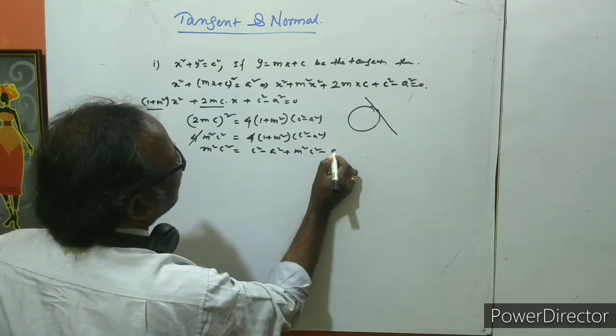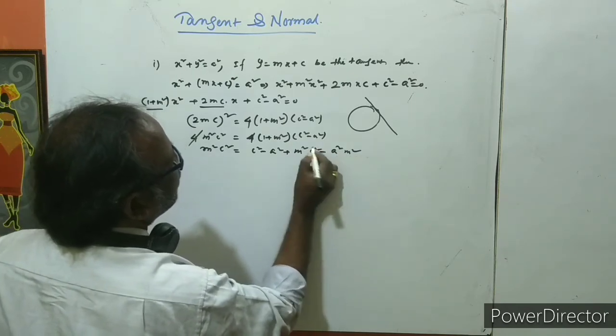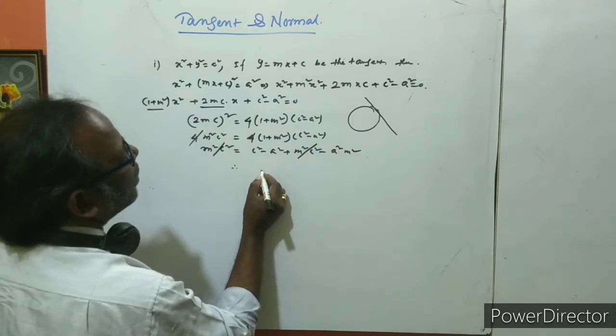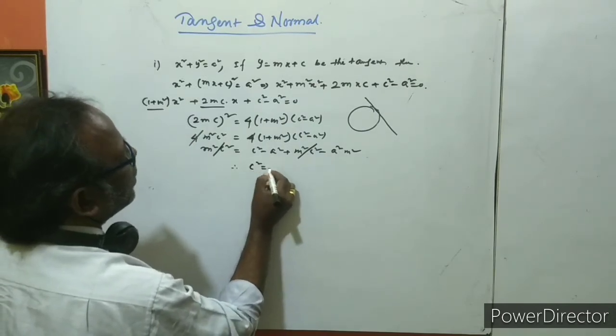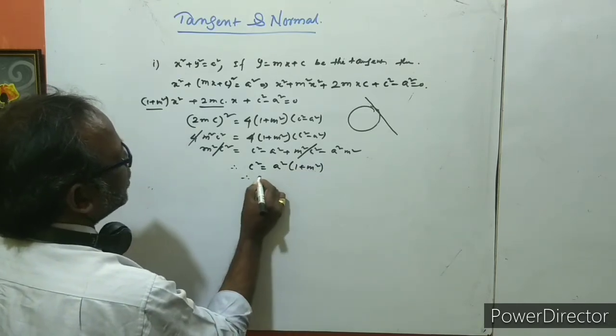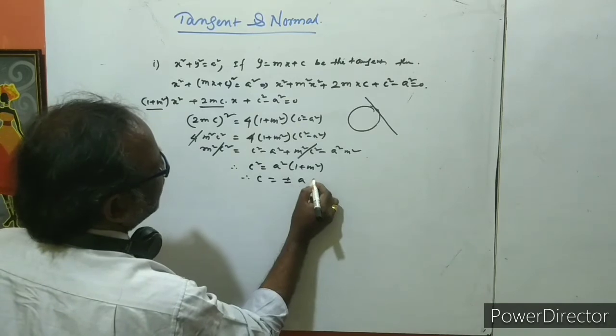So 4 m square c square equals 4 (1 plus m square)(c square minus a square), which simplifies to c square equal to a square (1 plus m square). Therefore c is equal to plus or minus a root over 1 plus m square.